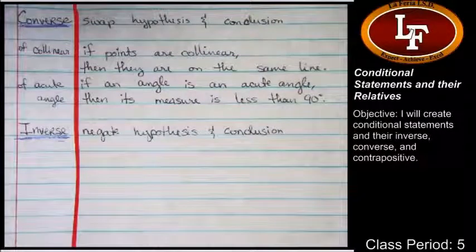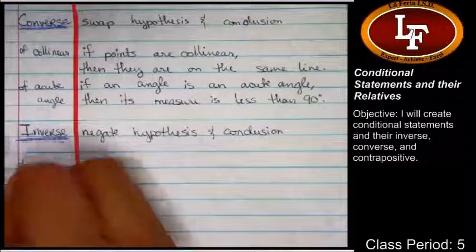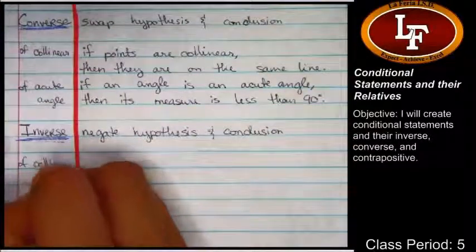So if I said, I like unicorns, how would you negate it? I don't like unicorns. Okay? It's that easy. Literally just put a not in there. All right, so let's write the inverse of collinear.